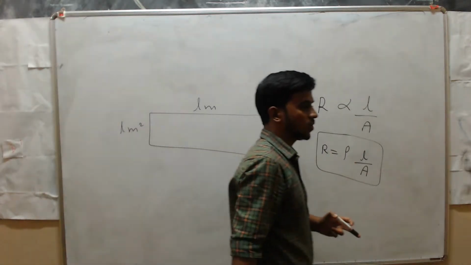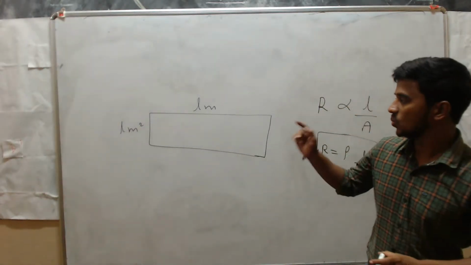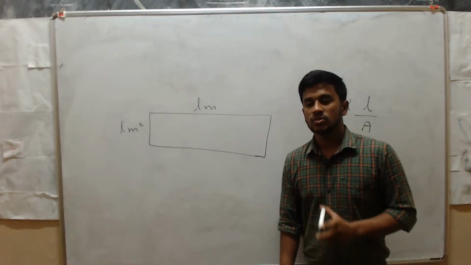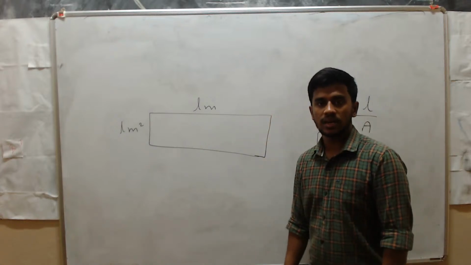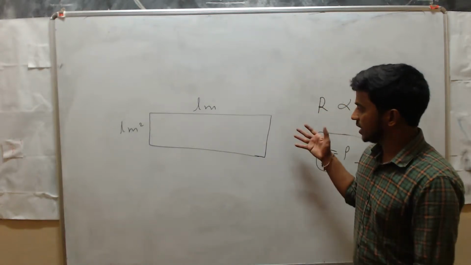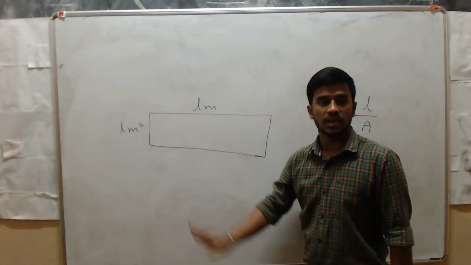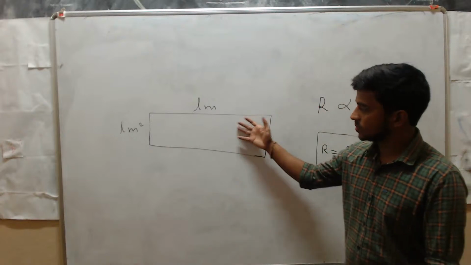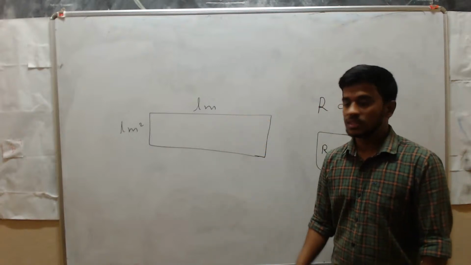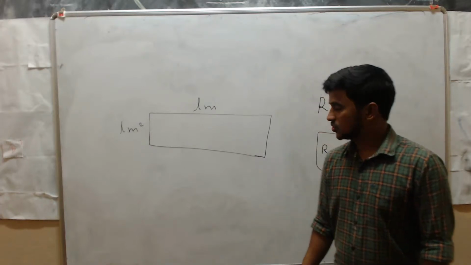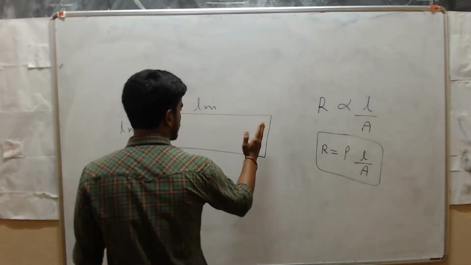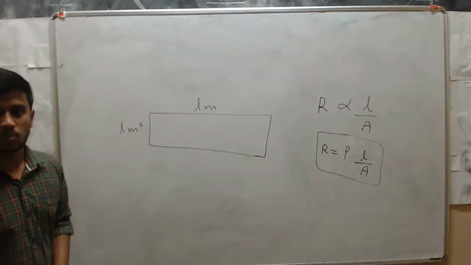Now I pass electrons through this wire. Clearly, while electrons move from one end to the other, they will face some kind of opposition. While passing electrons from one end to the other end, you will get some opposition, right?